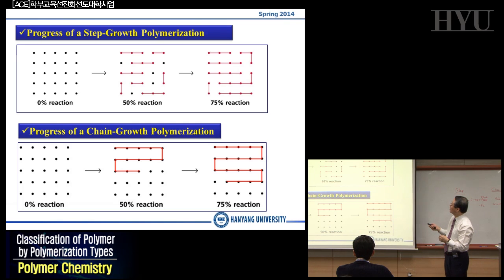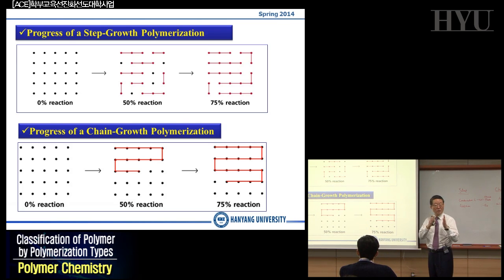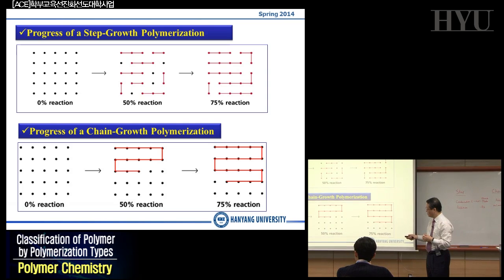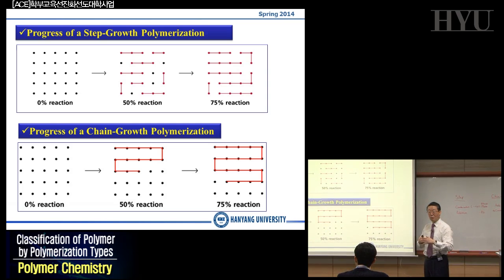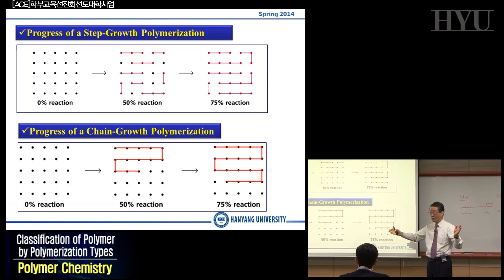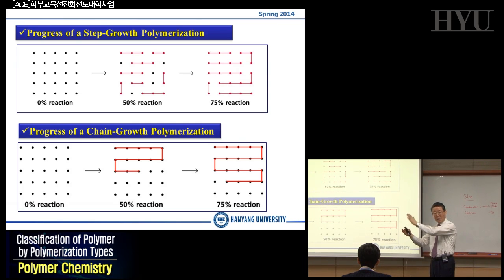Molecular weight, in this case, is a trimer, dimer, monomer. So molecular weight average is about 2 degrees of polymerization or 2 repeating units. However, we have about 13 repeating units in this case, whereas we have a smaller one. So we have a pretty wide molecular weight distribution. In some cases, we have pretty high, 13 repeating units.